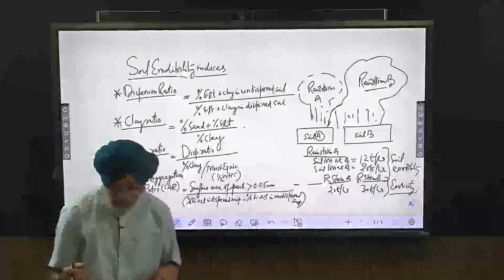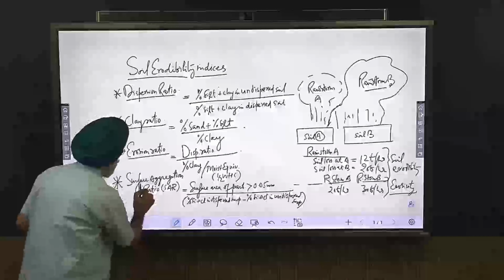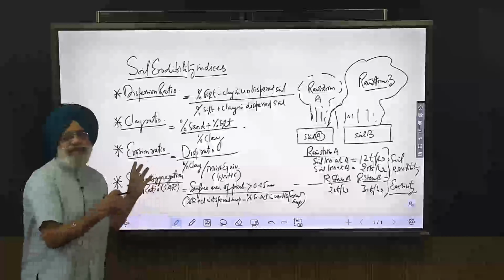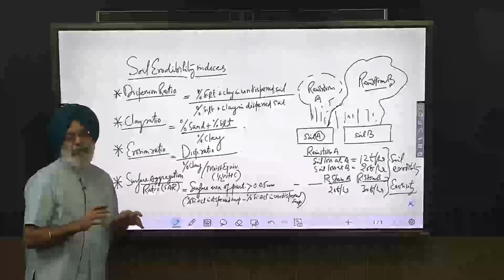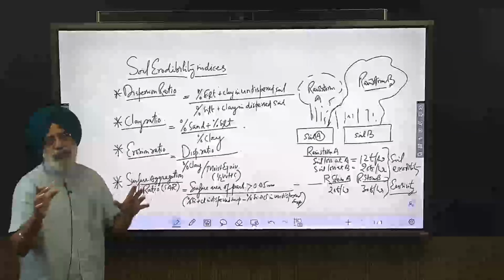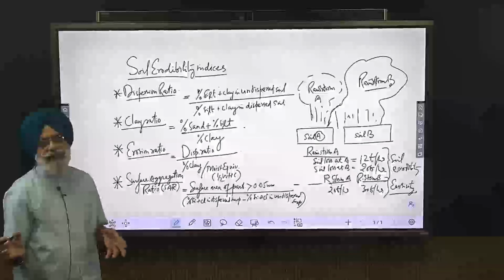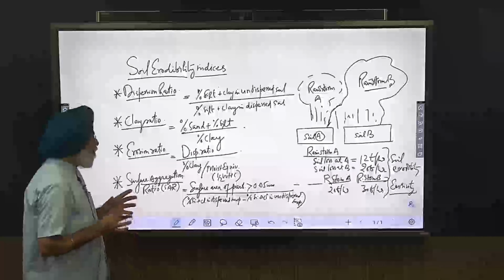Then last is erosion index. Basically, all these indices which we have discussed, there are many more indices, but these are most commonly used. Many of these indices are based on soil properties, not simulating exactly what happens in field situations.